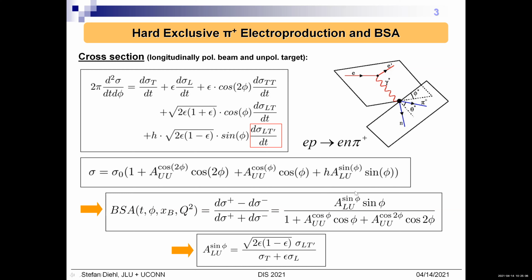And this finally gives us this expression here, where we see that the leading term is given by A_LU^sinφ times sinφ. And this A_LU^sinφ moment can be directly related to the ratio of the cross-section σ_LT' over σ_T plus ε σ_L, which we also call σ_0.